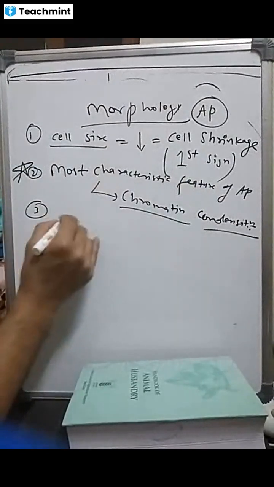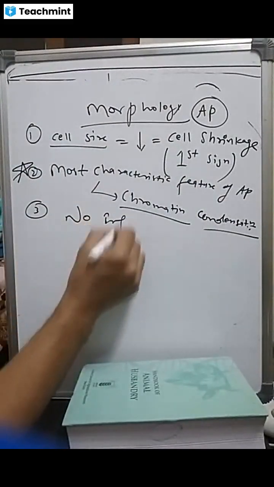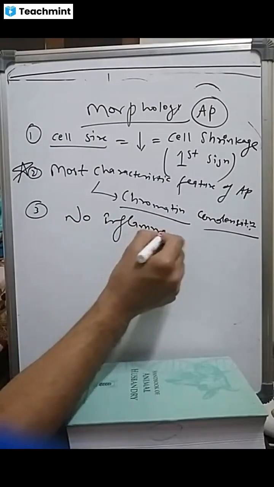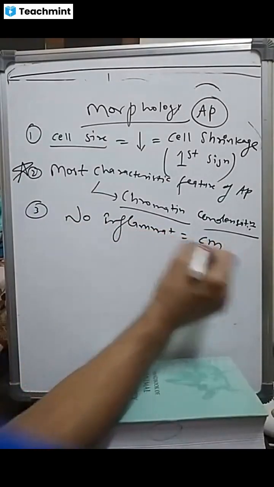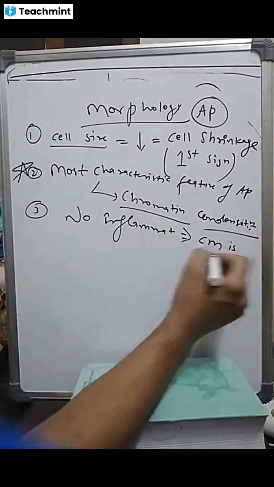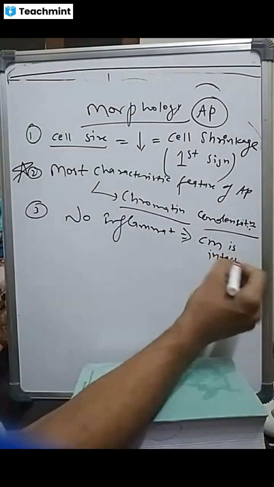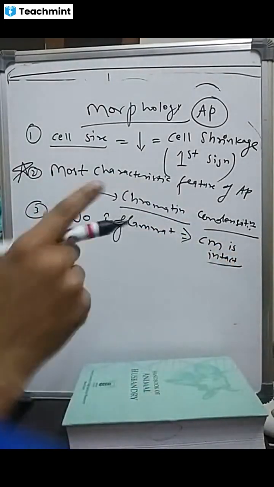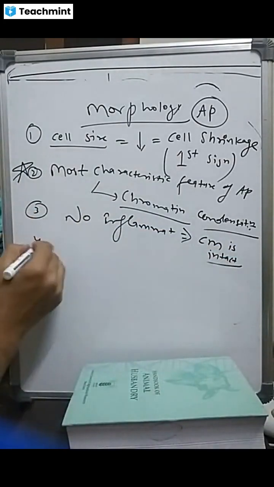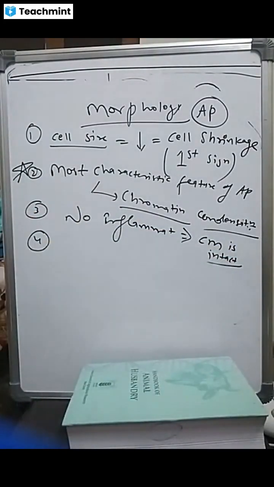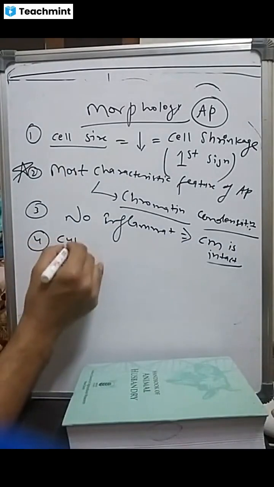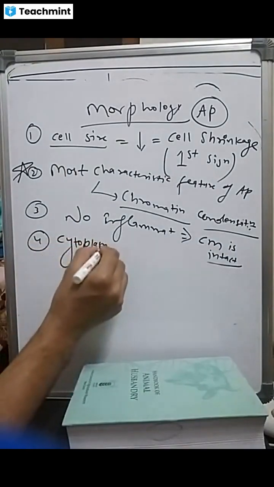Third, there is no inflammation in case of apoptosis. Why? Because the cell membrane is intact. There is no leakage out of the enzymes and other material. Number fourth is cytoplasm.